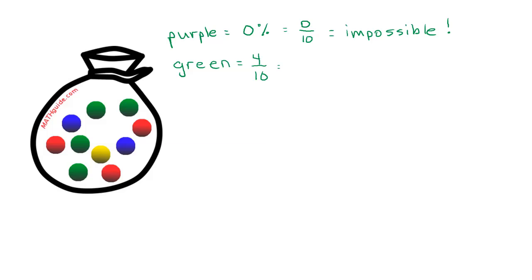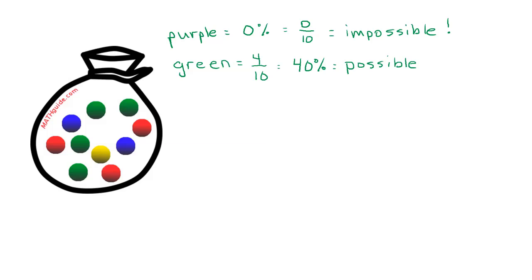But in theory, if I drew out all 10, I should draw at least 4 green ones. So that can be expressed as a percent. It's a 40% chance that I would get green. So it is probable or possible.